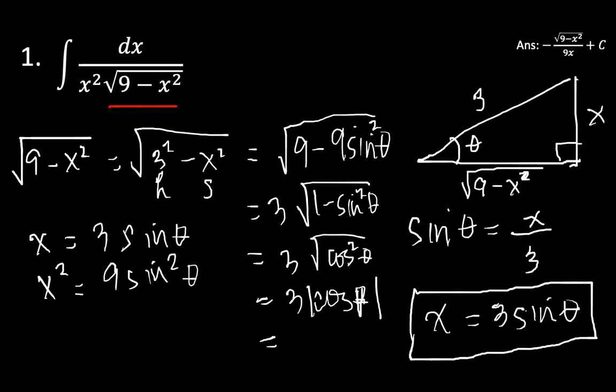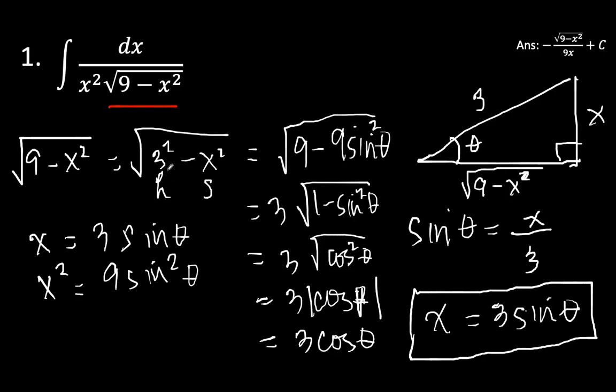So instead of expressing this as 3 times the absolute value of cosine theta, we can express that as 3 cosine theta, a simpler expression. It can also be zero once theta is equal to negative pi over 2 or pi over 2.